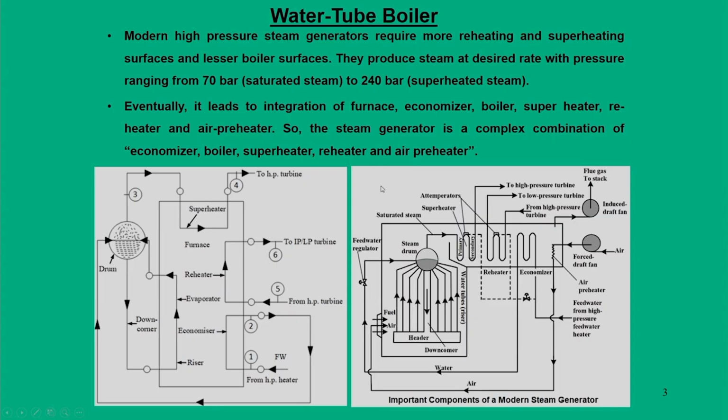If you look at this thermal circuit for a modern steam generator, we have a steam drum where saturated steam is generated and it goes to the superheater unit, which we discussed in our last class. In today's lecture we will mainly focus on the important heat exchanger components: first the reheater, second economizers, third air preheaters.